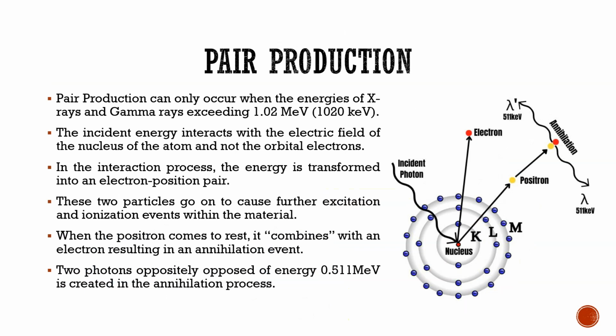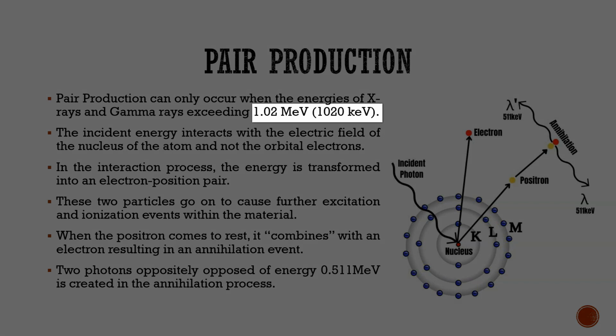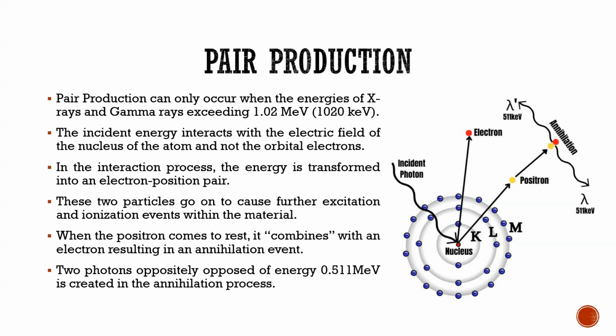The last and final X-ray interaction with matter that we will discuss is called pair production. Now, the first thing to note about pair production is that there's a threshold for which this interaction can take place. The incident X-ray energy must be equal to or exceed 1020 kiloelectron volts, or 1.02 megaelectron volts.